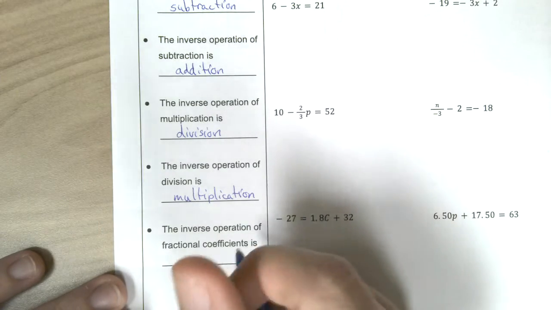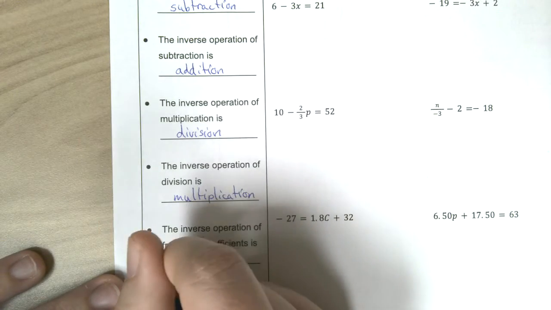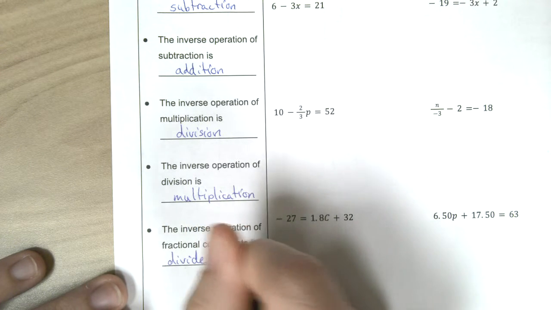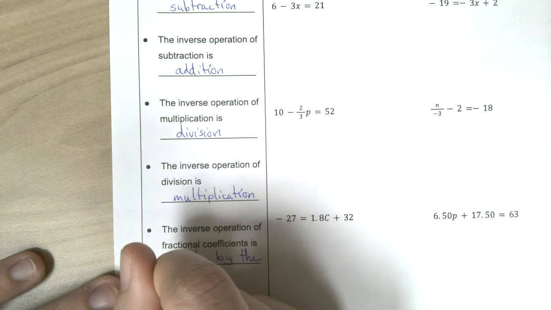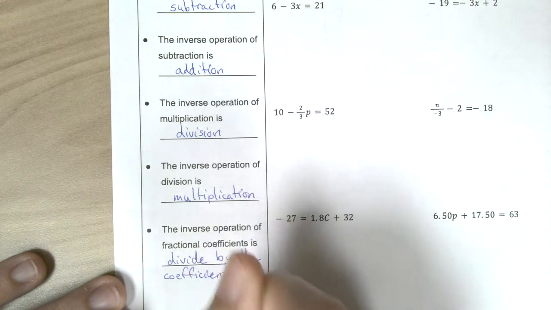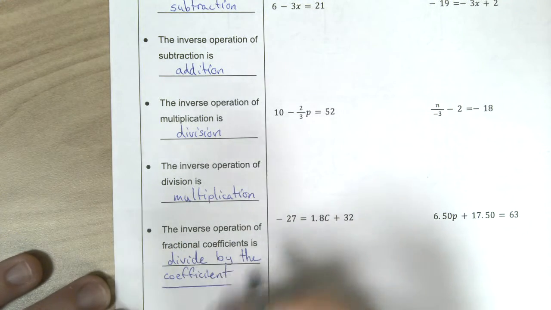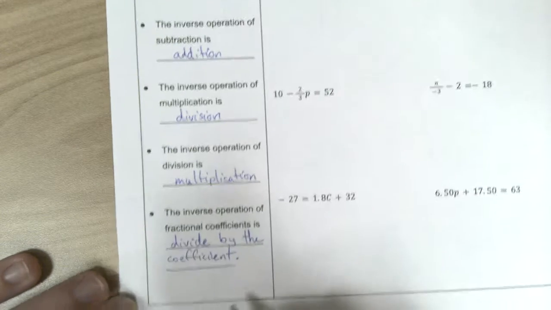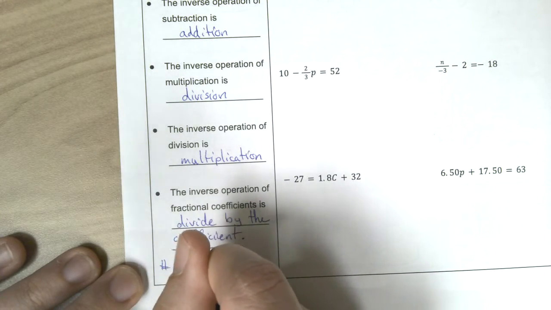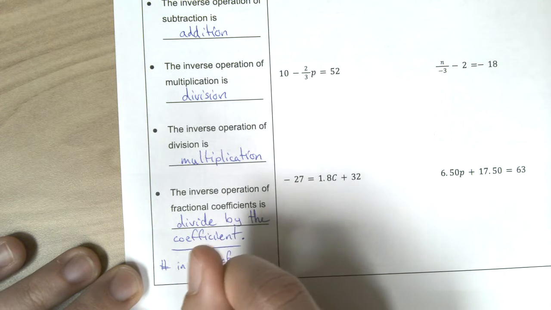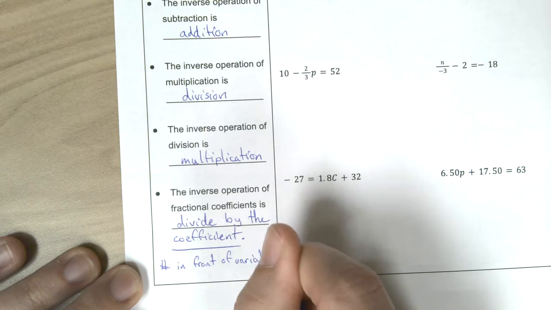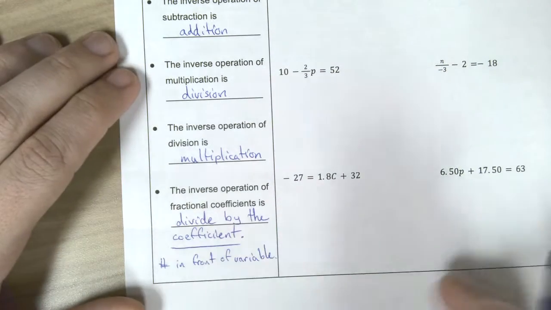I'm just going to say divide by the coefficient, which is the number in front of the variable. Okay, that's what coefficient means.